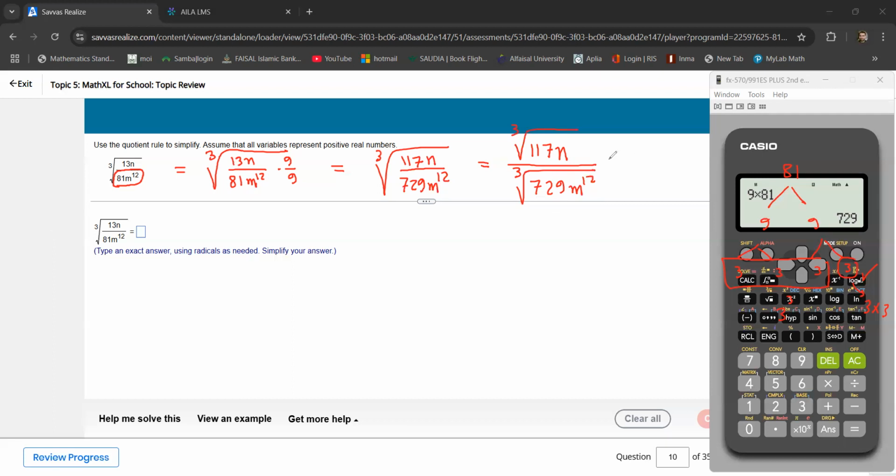So up stays the same, cubic root of 117n, and down, the cubic root of 729 should give you 9. So this is 9. The cubic root of m to the power of 12 will be m to the power of 4.